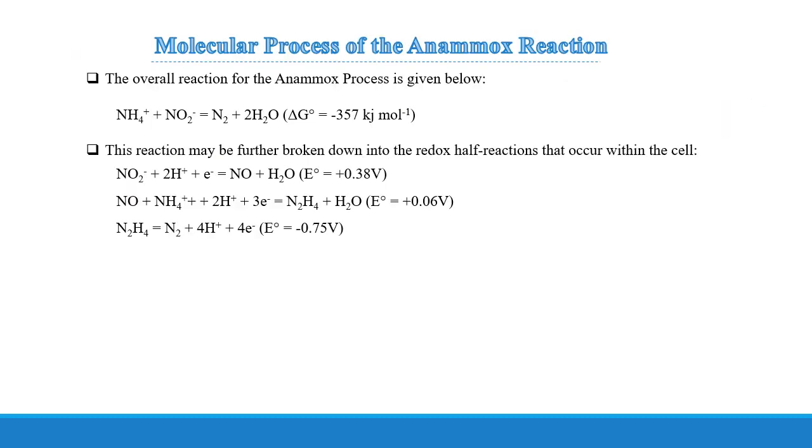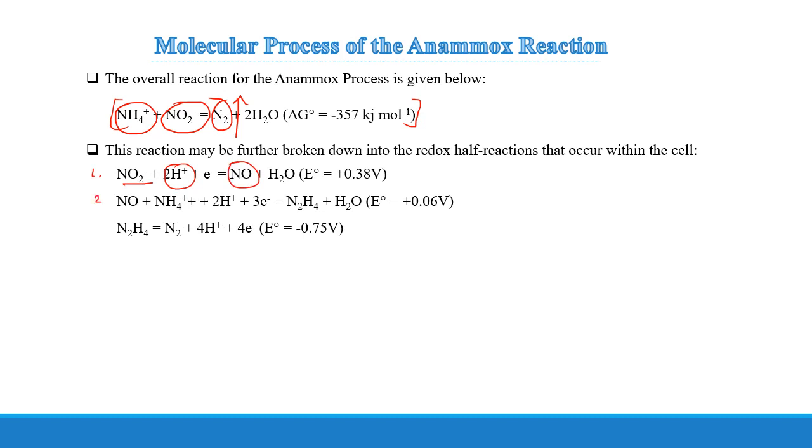After that, if we see the molecular processes of the Anammox reaction, this is the overall reaction we can see, where ammonium and nitrite are converted into nitrogen gas, which goes to the environment. If we break down the reaction, the first reaction is where nitrite is converted into nitric oxide.